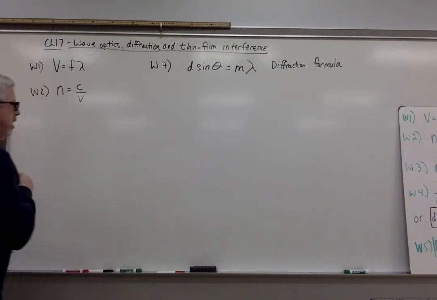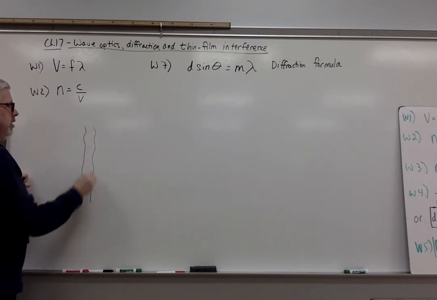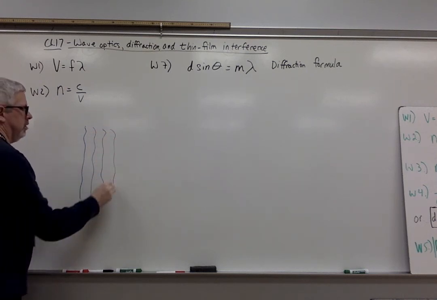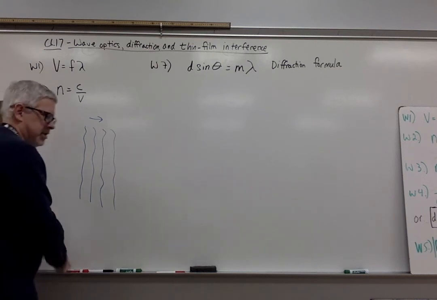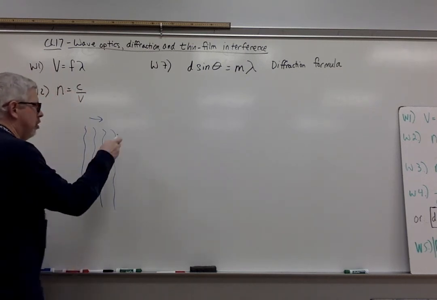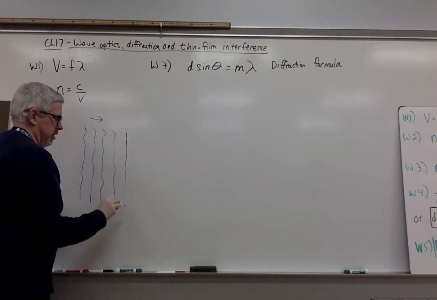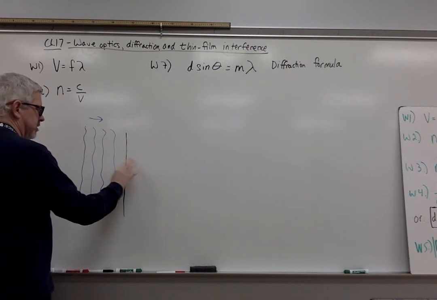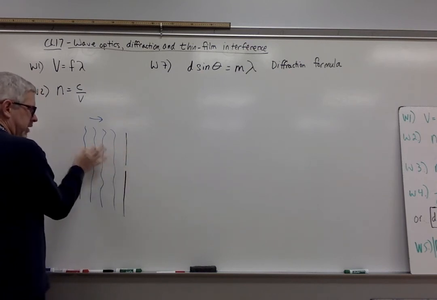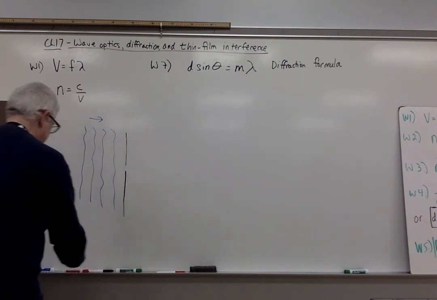So basically what diffraction is: if we have pulses of waves, and let's say we're looking at crests of waves here, and let's say they're all moving to the right. If we have something that's got a small opening like this, when the wave hits that, we know if this opening is about the same size as these wavelengths, then the light is going to diffract around that as it passes out.